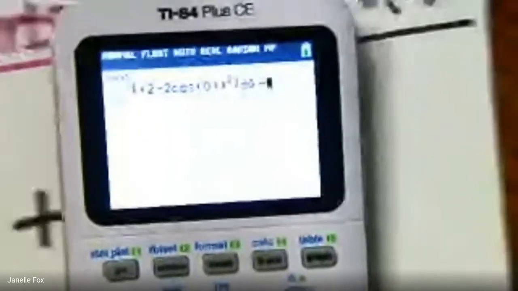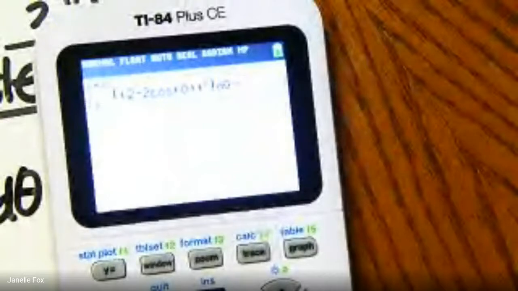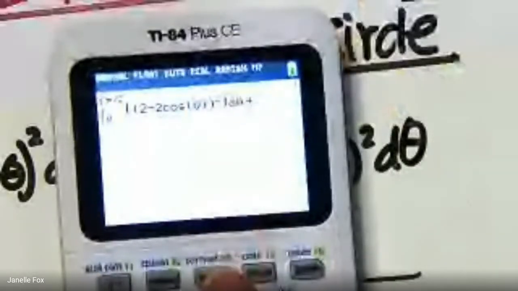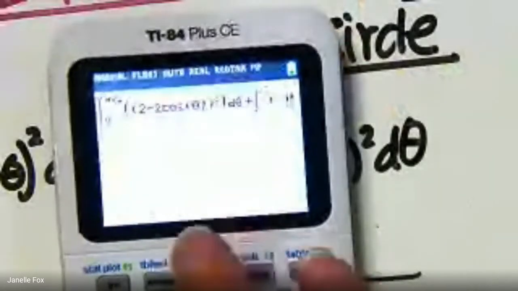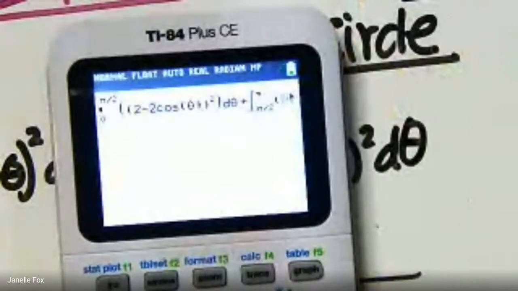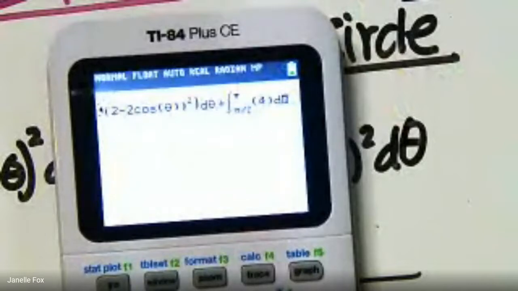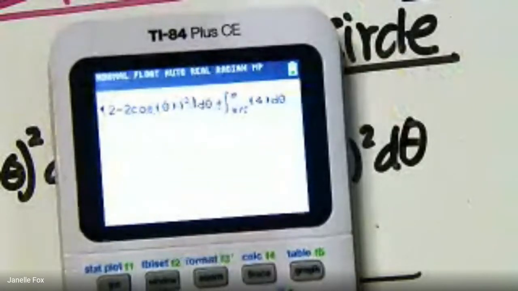The 2 and the 1/2 cancel again. It's going to be the integral from pi over 2 to pi, and then the function is just 2 squared, so I'm just going to put 4, and then d theta. And I enter that in my calculator.